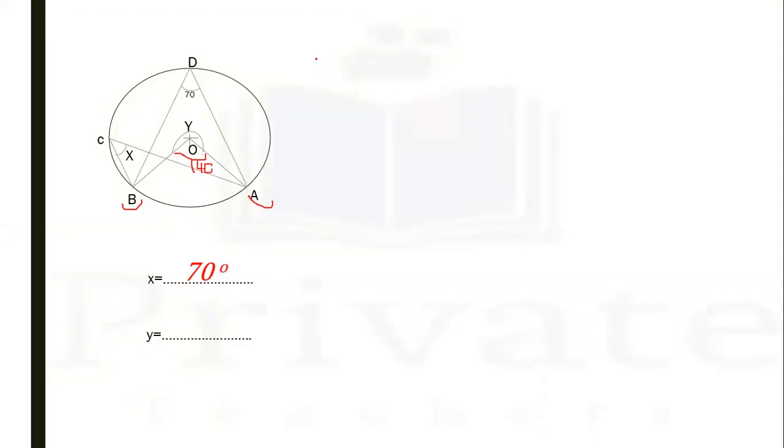Therefore, around one point, the angle is 360. From the 360, we took 140. What remains is 220, because all the angle is 360. What remains is y, which is 220.